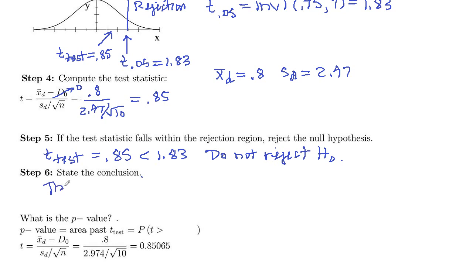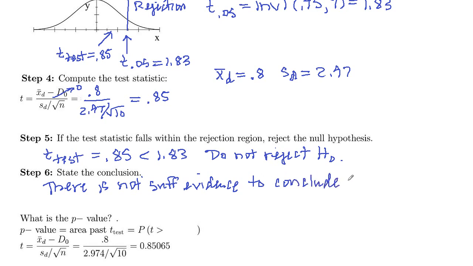So we do not reject, so that means that there is not sufficient evidence to conclude the alternative hypothesis, mean of differences is greater than 0.